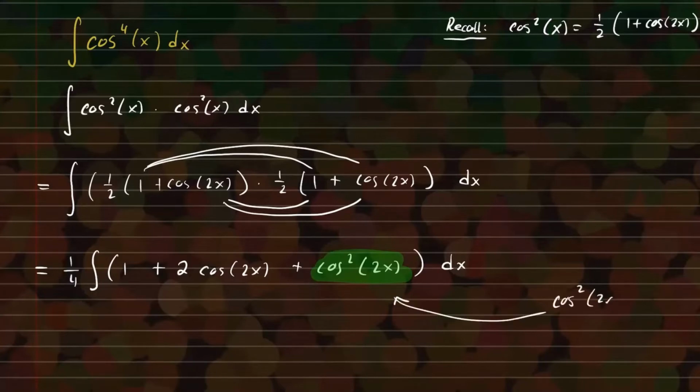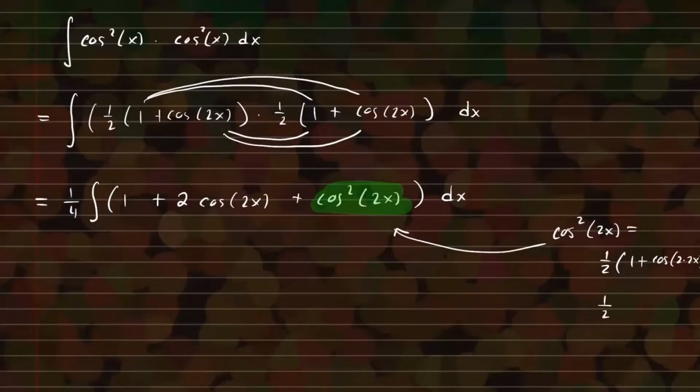If you have cosine squared of 2x, then that is actually 1/2 times (1 plus cosine of 2 times 2x). So be very careful with the argument. This will give us 1/2 times (1 plus cosine of 4x).